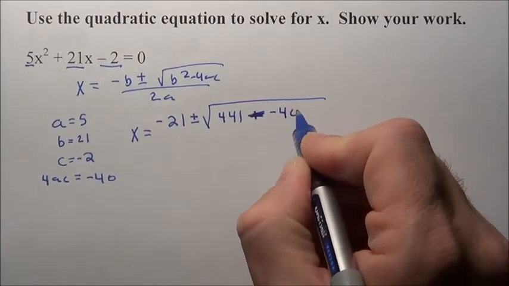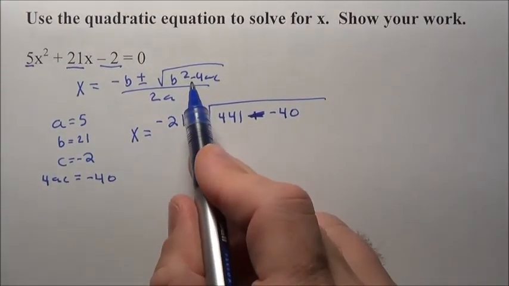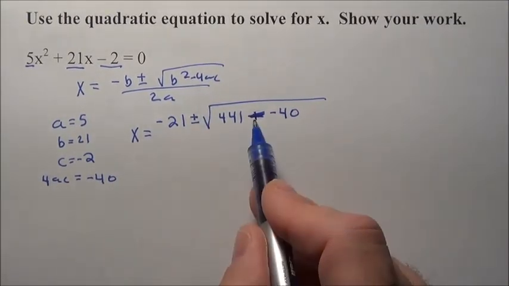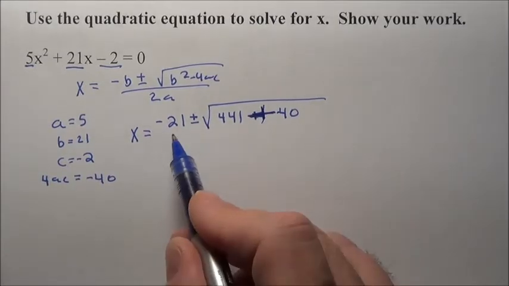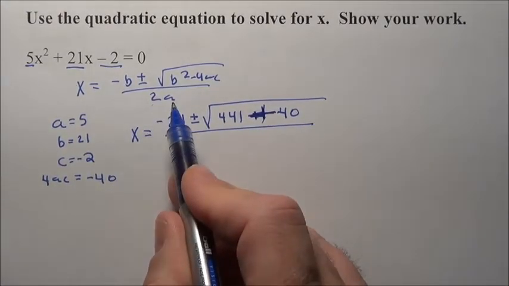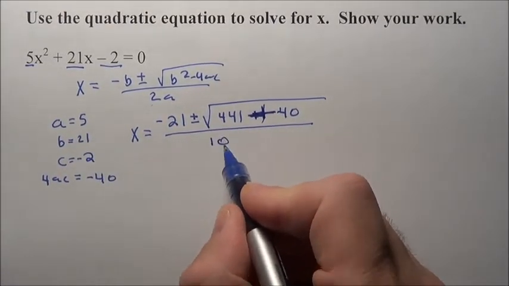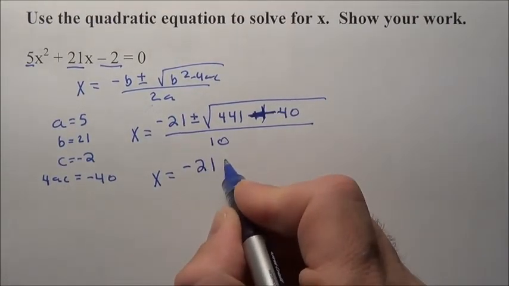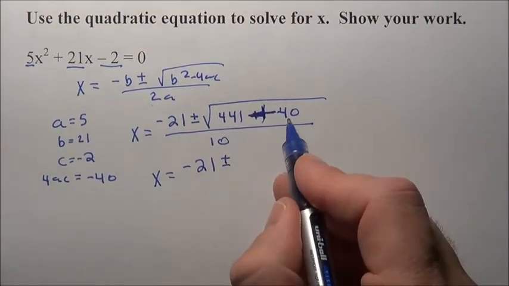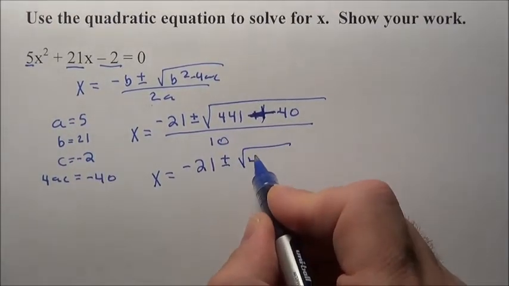Minus negative 40, because it's a minus here and it's minus that negative 40. This minus negative will change to a plus. All over 2 times a, 2 times 5, 10. Let's clean this up. So x equals negative 21 plus or minus the square root of 441 plus 40, which is 481.